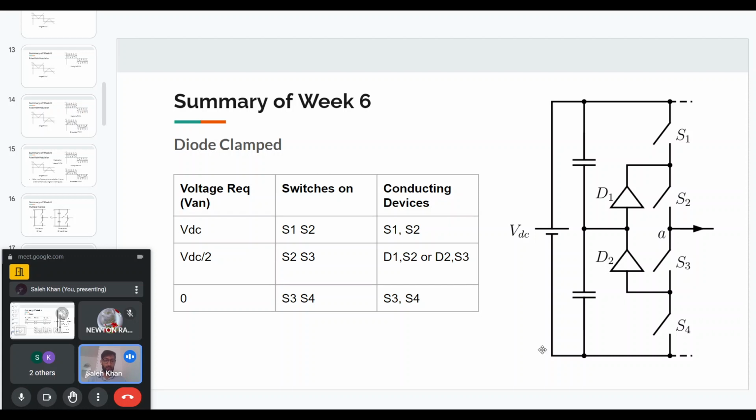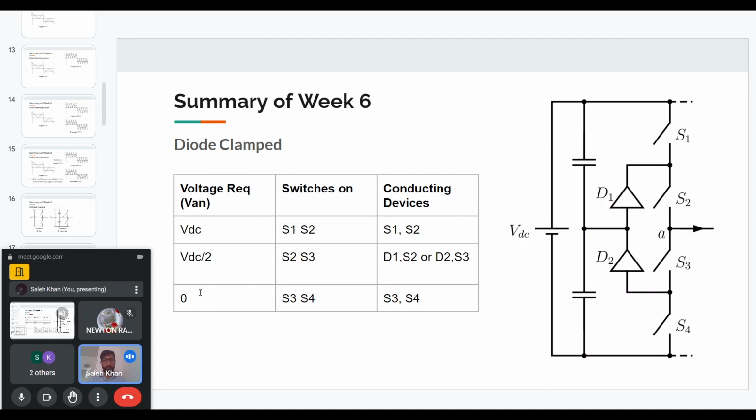If we want VDC at the output, we will turn on S1 and S2. Then the point A will be connected to the positive terminal, so we will get VDC across VAN.